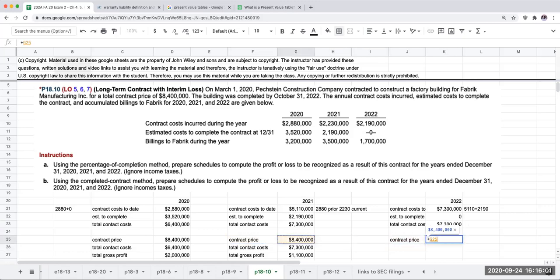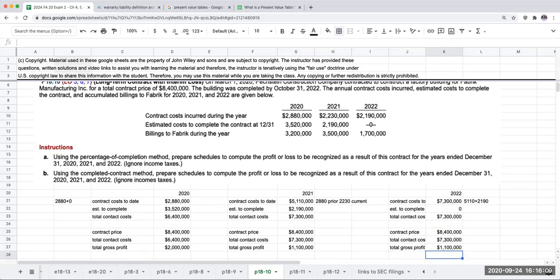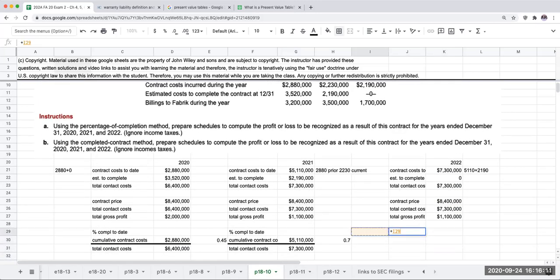My contract price is 8.4 million. My total contract costs are 7.3 million. So my total gross profit is going to be the same. My percent complete is, as of right now, I am fully complete. So my contract cost to date divided by my total contract cost is going to be 100%.